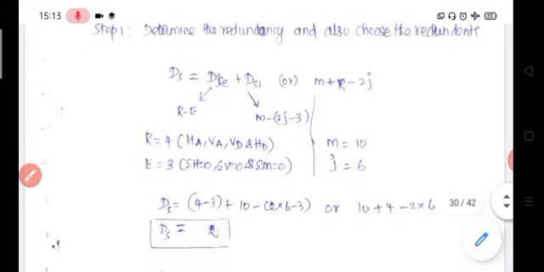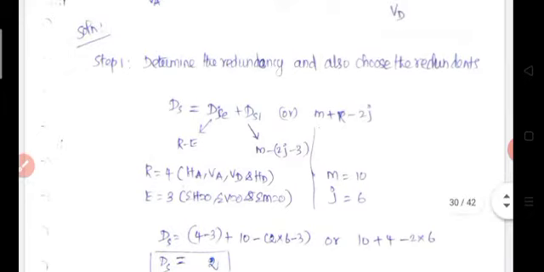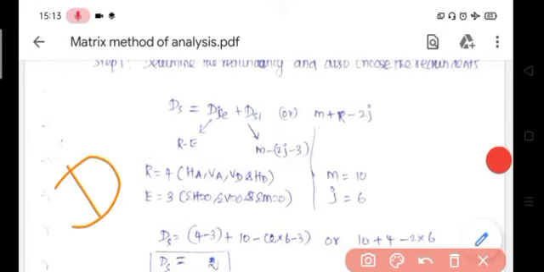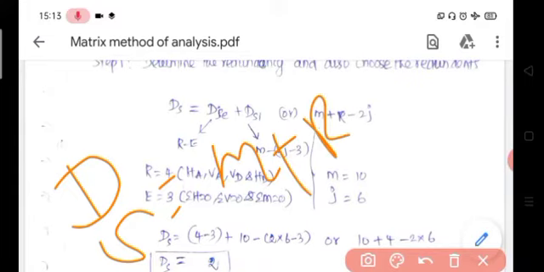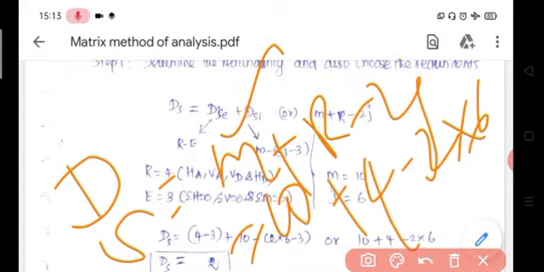So total indeterminacy is equal to external plus internal. External is 1 and internal is also 1, so totally 2 degrees of indeterminacy. In another way, we can get the total indeterminacy as m plus r minus 2j. Totally 10 members, 4 reactions, and 6 joints, so the degree of indeterminacy is 2.